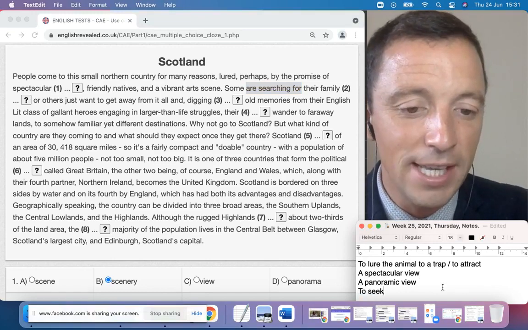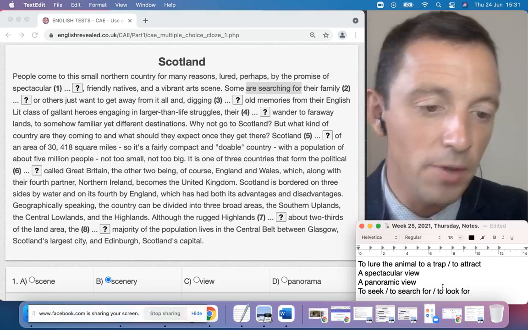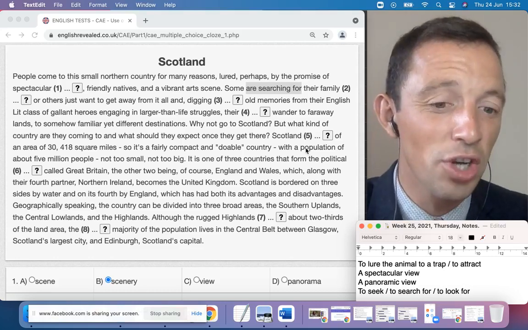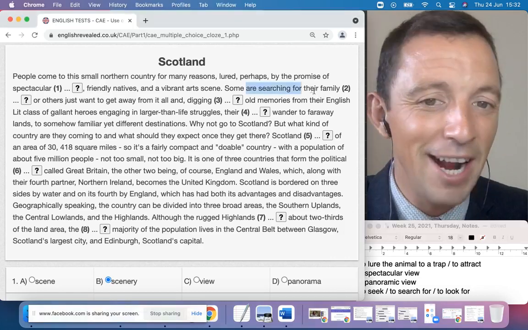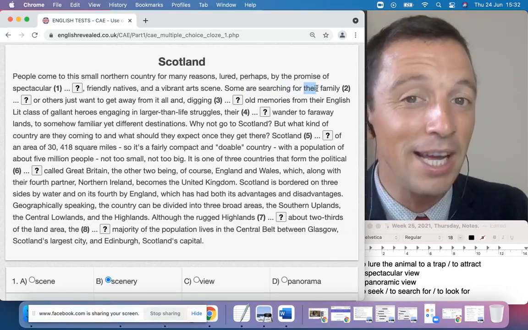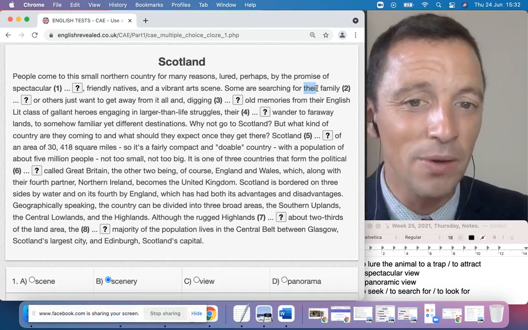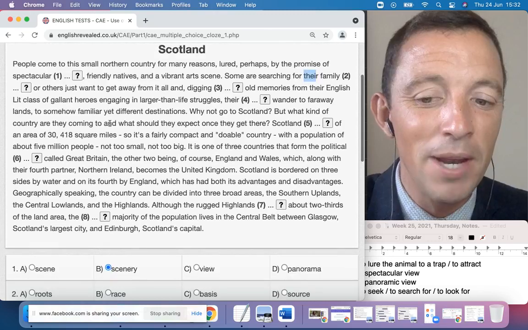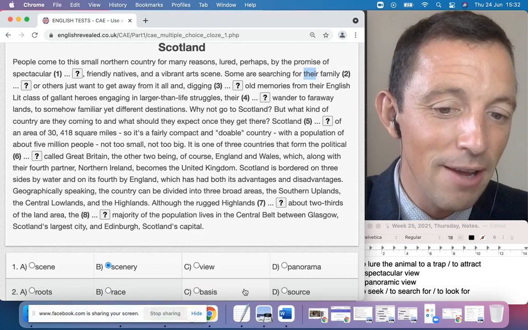Remember the verb to seek, to search for, to look for. Here we have the verb to search, which means buscando in Spanish, looking for their family. And again, it's my family, your family, his family, her family, our family, your family, plural, their family. So looking for their family roots, family race, family basis, family source.